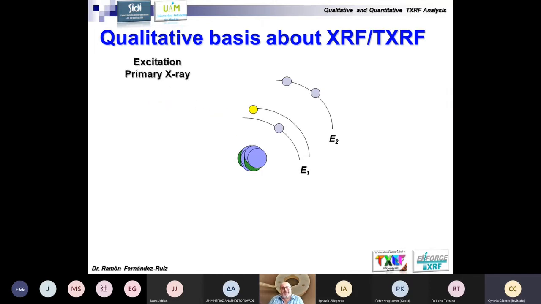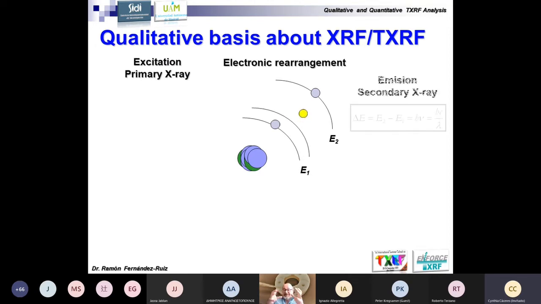I like how the primary excitation eliminates an electron, and the energy rearrangement and adaptation of the energy induces the emission of characteristic secondary photons, which is the key of the qualitative basis of this atom, because only this atom can emit this photon.